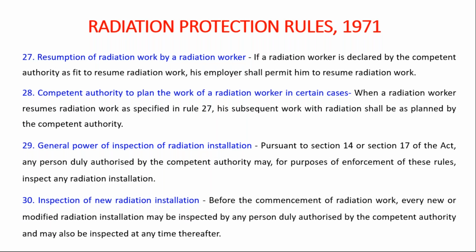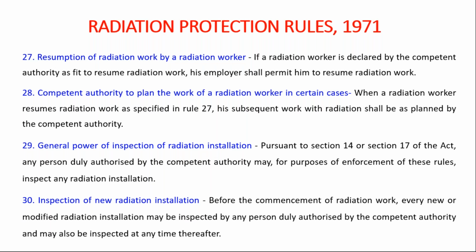The radiation installations are nothing but the facilities, equipment, etc. So all the facilities can be inspected by the competent authority, which is given under section 14 and 17 of the Act.